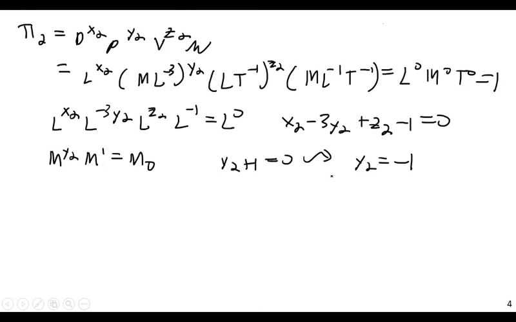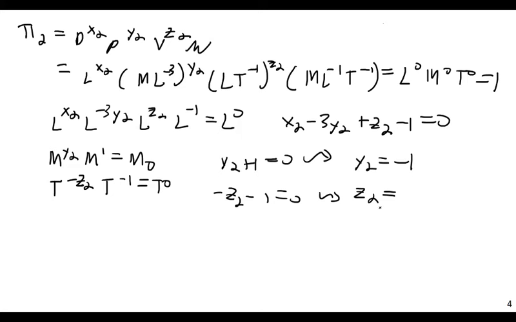And then I can create a similar equation for our time dimension. T to the negative z2 times t to the negative 1 equals t to the 0. From this I can create the equation negative z2 minus 1 equals 0, or simply z2 is also negative 1.